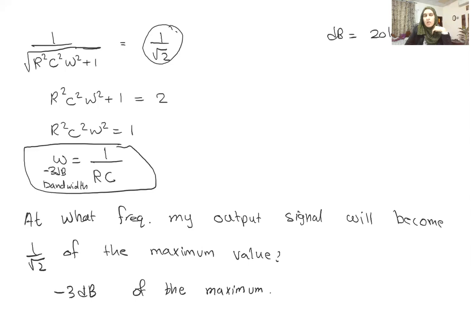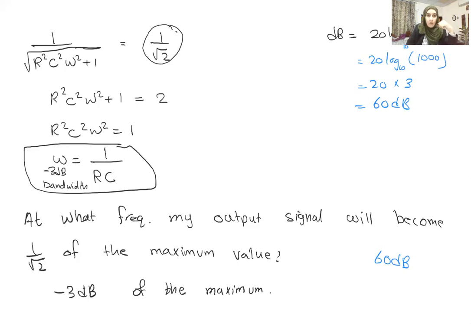Let's say my maximum gain is 60 dB, which is around how many times? 1000 times, because this is base 10. So 20 log base 10 of 1000 is 20 times 3, and this gives me 60 dB. So a gain of 1000 times is equal to 60 dB.